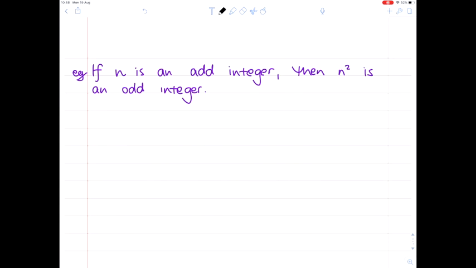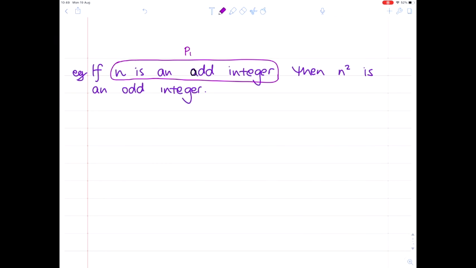So let's look at an example. Suppose that n is an odd integer. Then our claim is that n squared is an odd integer. There are different ways to prove this. If we want to do a direct proof, we need to figure out what our premises and conclusions are. Our premise is that n is an odd integer.